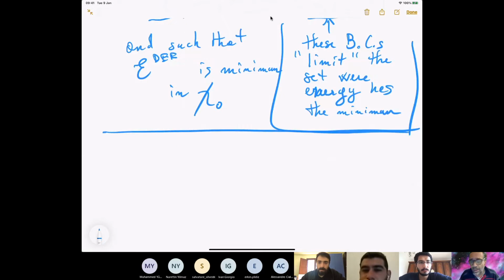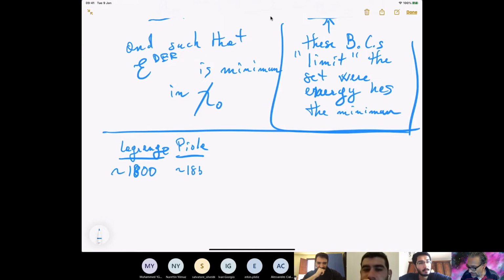Now, imagine to be Gabrio Piola or Lagrange. Lagrange died around 1800 and Piola died 50 years later. You don't have computers.